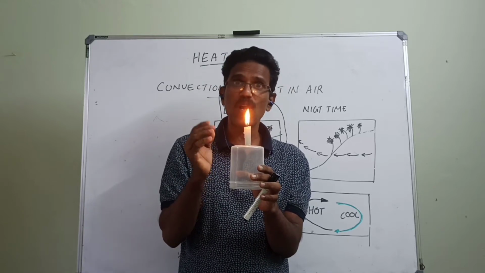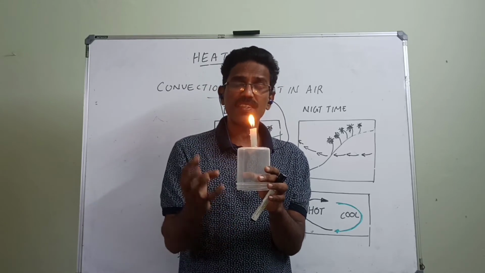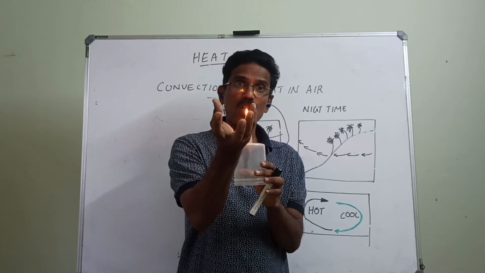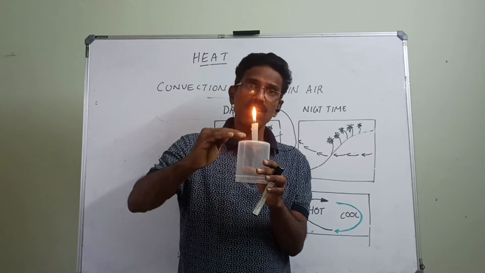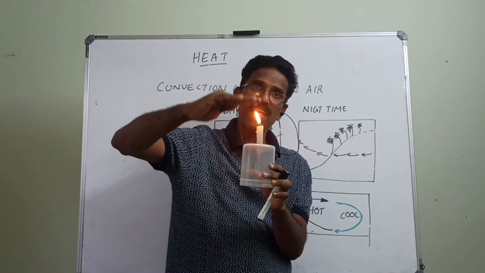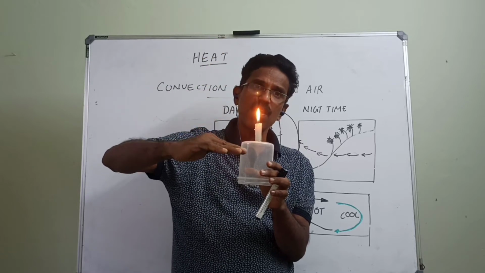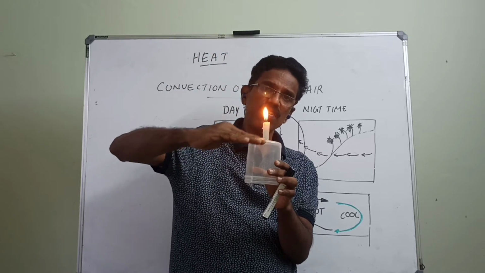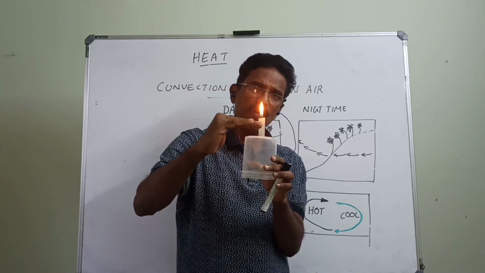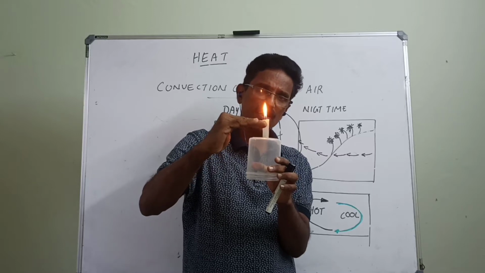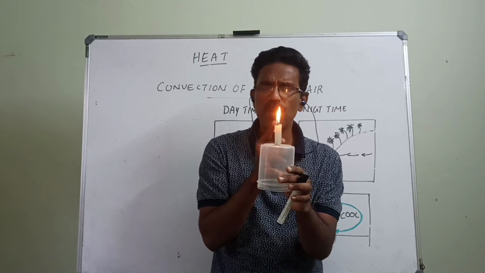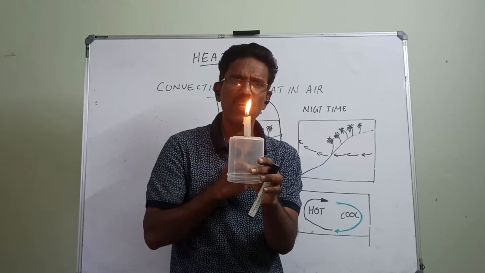In the round bottom flask experiment you have seen the water at the bottom of the flask rising up, and the potassium permanganate getting mixed with water rising. Why? The bottom water gets heated up, and that water, that fluid, rises up. The same phenomenon takes place here also, because both are convection.